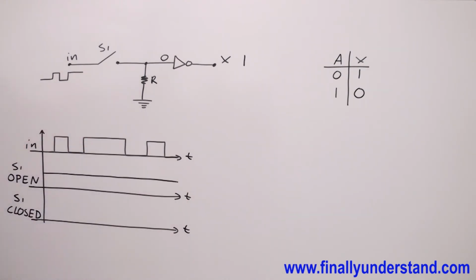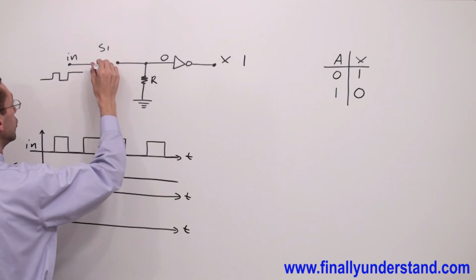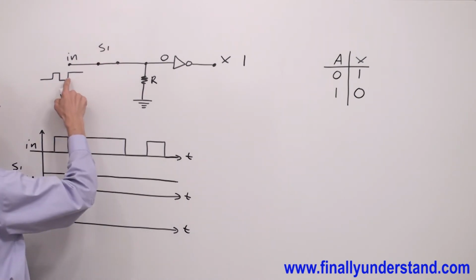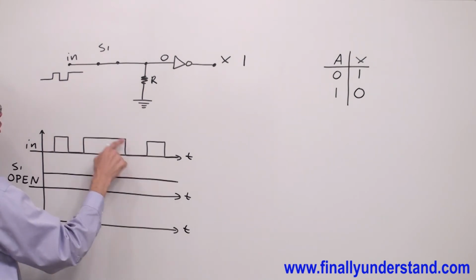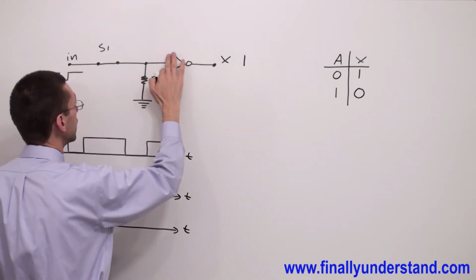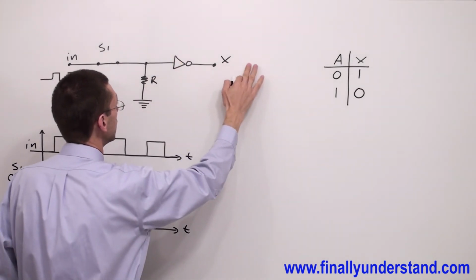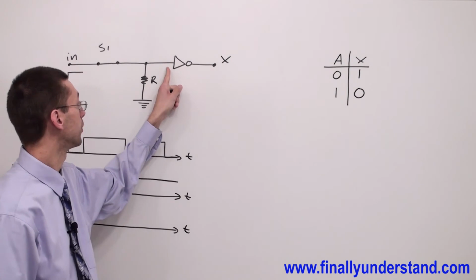Now, what will happen if I close the switch? If you close the switch, you are going to send this waveform to the inverter. And you are not going to have logic 1 all the time at the input.